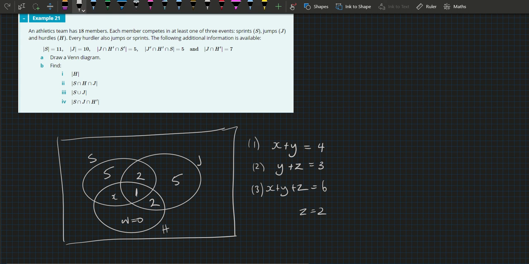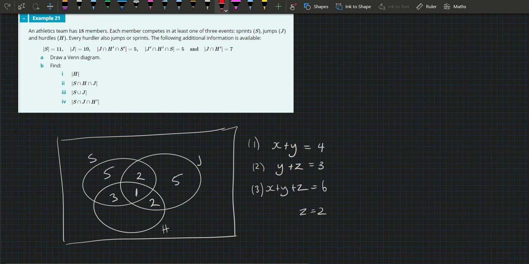And that means, what did I just make? Y was 1, so X has to be 3. So 3, 4, 6, 11. Okay, and there we go. So that's the total amount of the 18 jumpers in there.